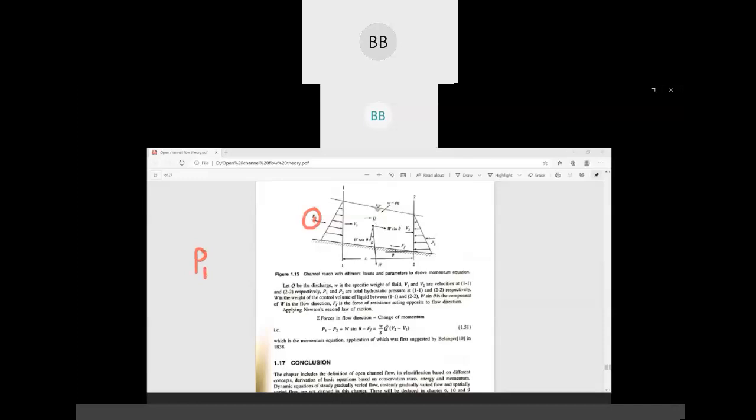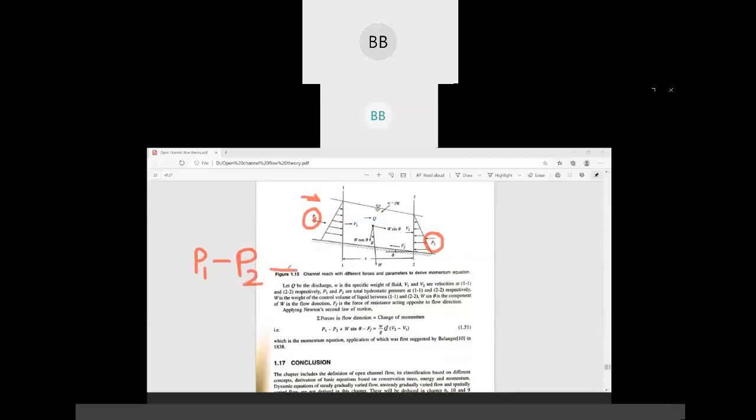So first is P1. Our flow direction is this, and P1 is in the same direction. That is why we have taken positive. Next, if you consider pressure at section 2, it is in opposite direction. That is why we will be having negative P2.